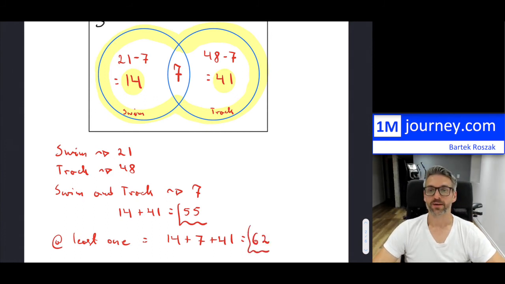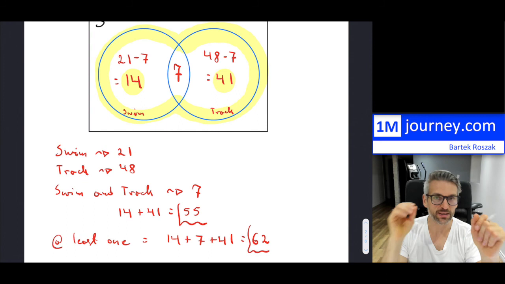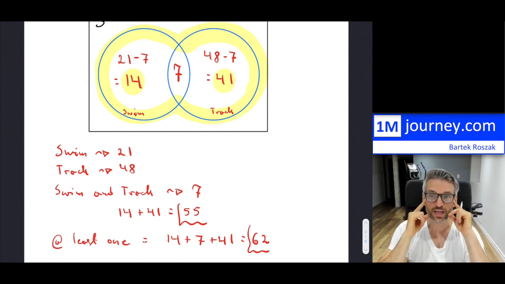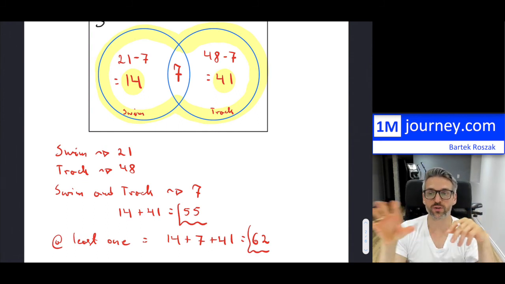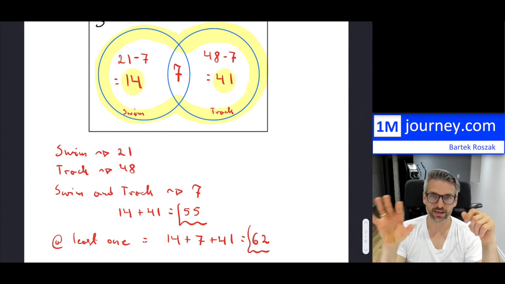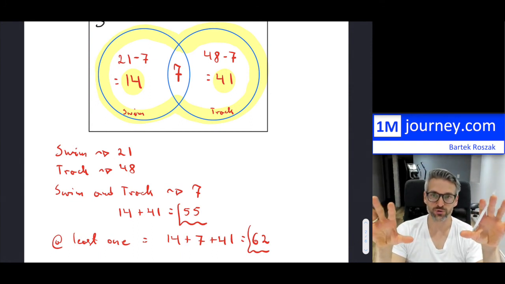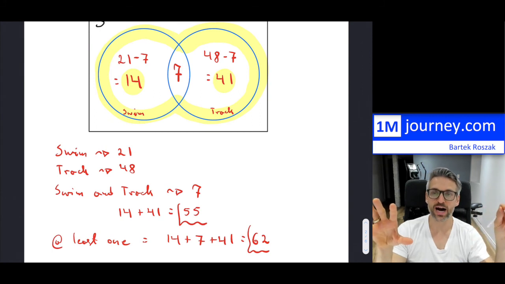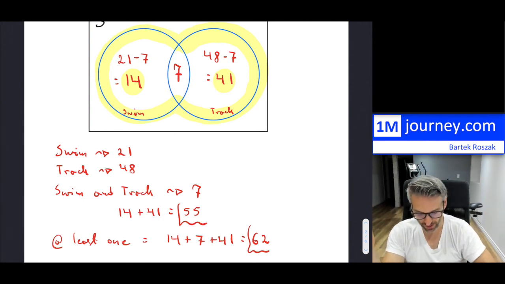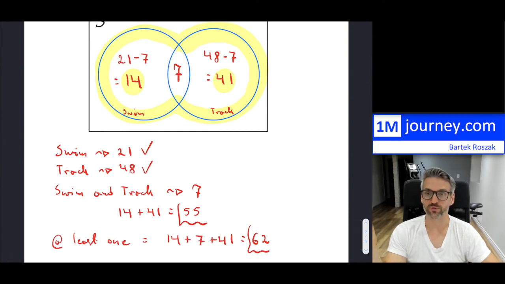Now, without seeing the Venn diagram and counting them up individually, if you know the total number that swim, the total number that do track, and how many do both, then you can say 21, because 21 were the total number of swimmers, and 48, which is the total number of track.